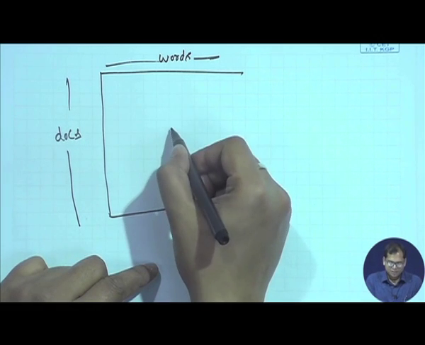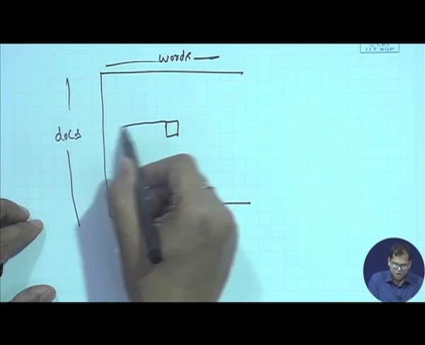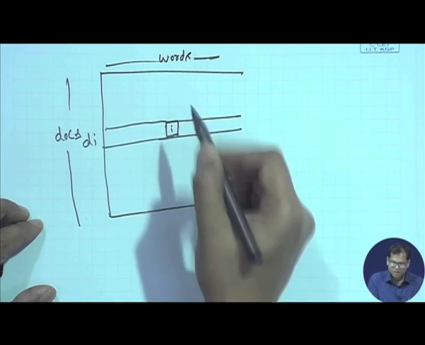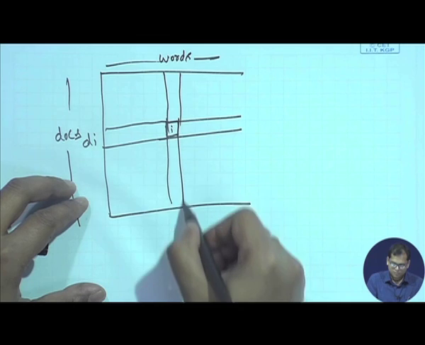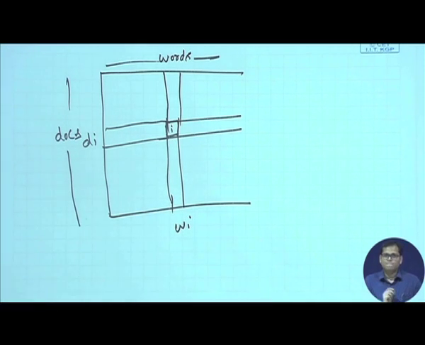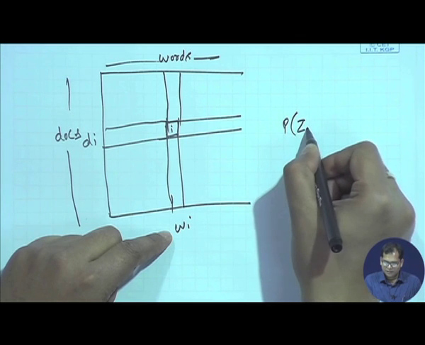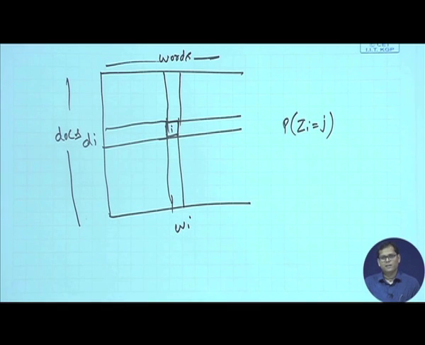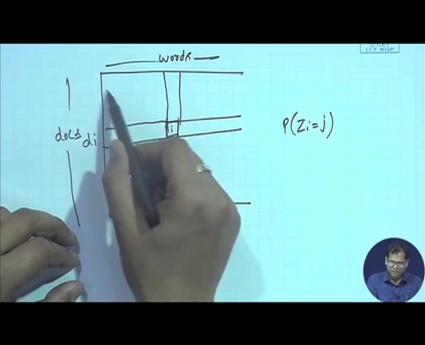You are at the ith token. The corresponding document will be called Di, this is the ith token, and the corresponding word will be called Wi. Now you have to find out the probability that the topic assignment for this word will be j. That's what you have to find out, and it is assumed that in this iteration you know the topic assigned for everything else.